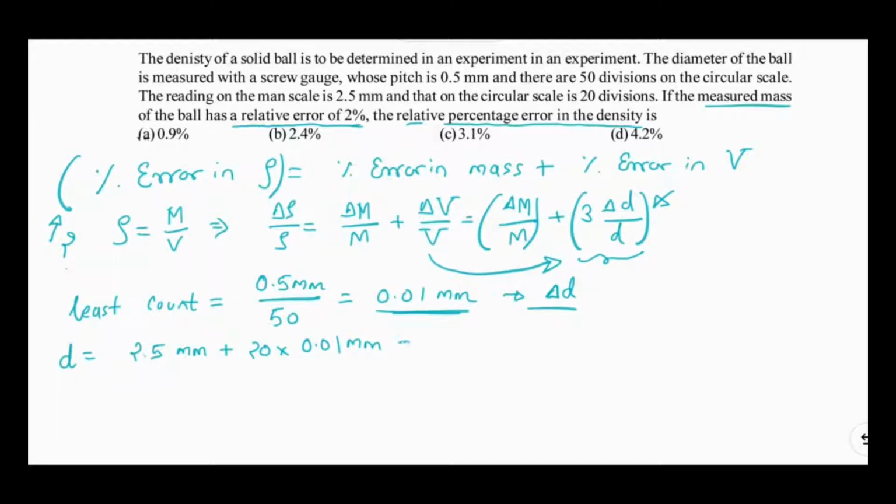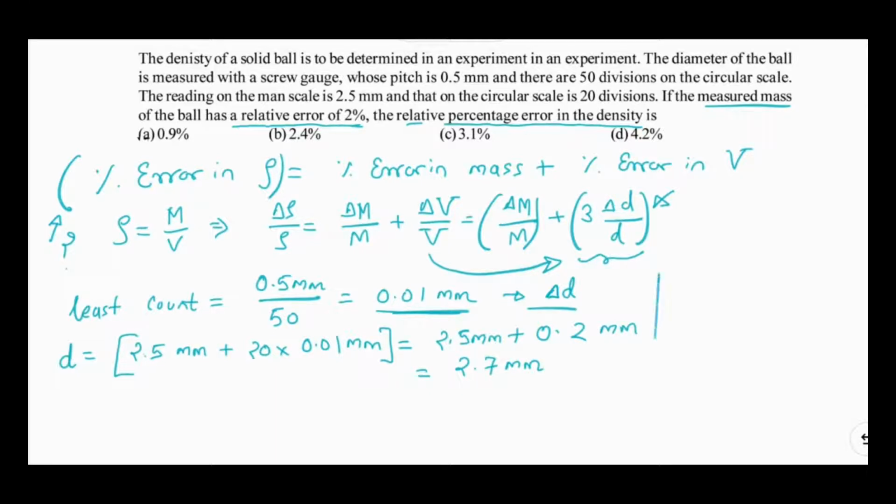So it is 2.5 mm plus 0.01 times 20, which is 0.2 mm. Adding, we get 2.7 mm. This is the final diameter.